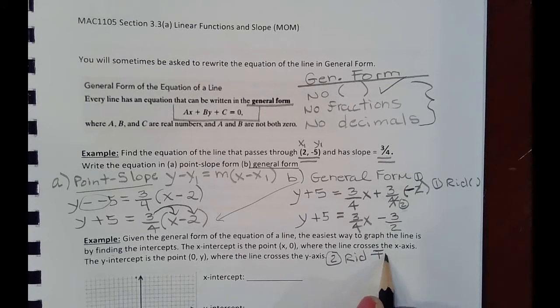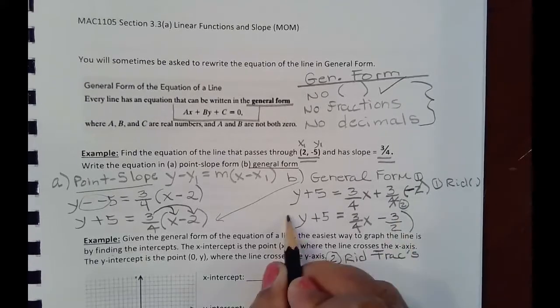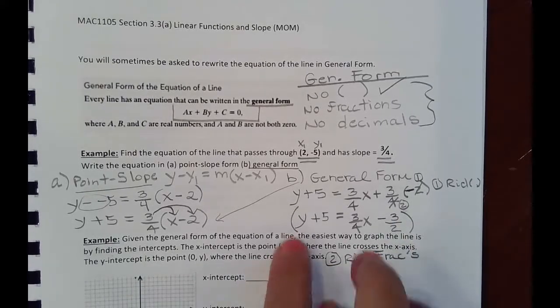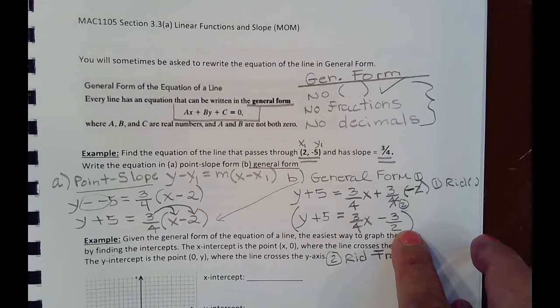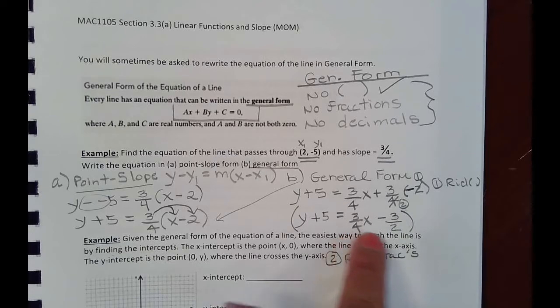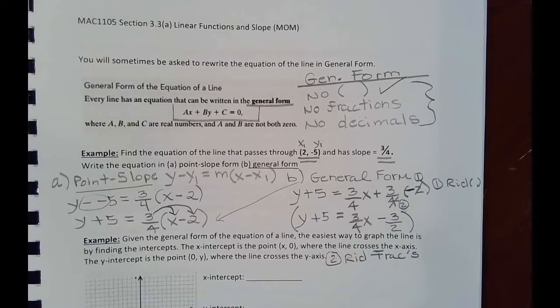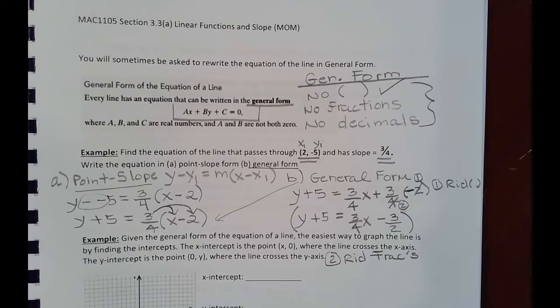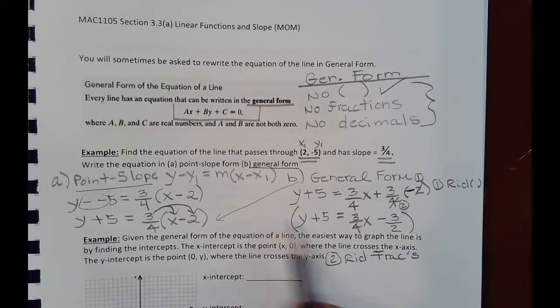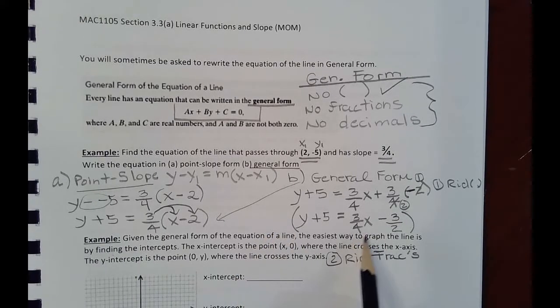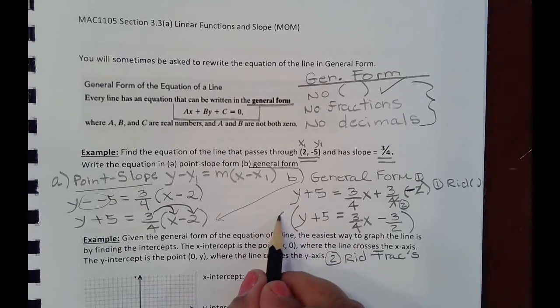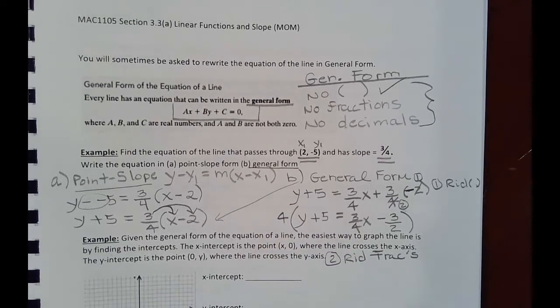And the way you get rid of fractions is you just multiply this entire equation, every single term in the equation, by a number that will cancel out whatever the biggest denominator is here. That's called the least common denominator. So you can't multiply this whole thing by 2, because it won't knock out the 4. It has to at least be as big as the bigger denominator so that it'll knock out that denominator as well. So what we're going to multiply by, our LCD, is 4.